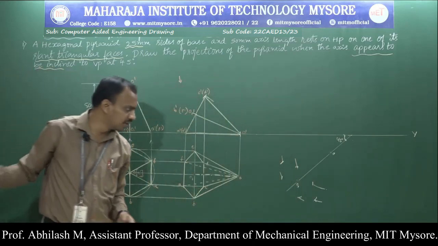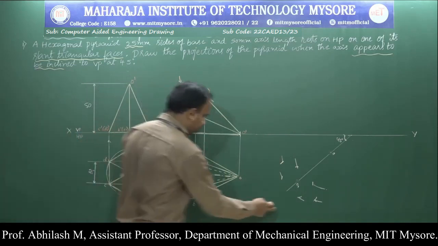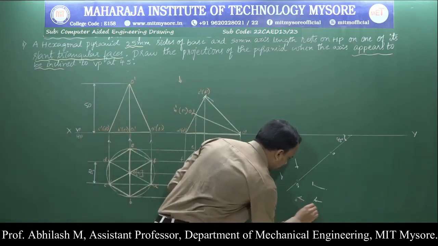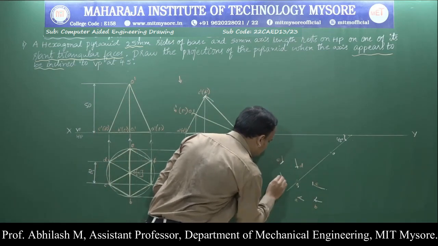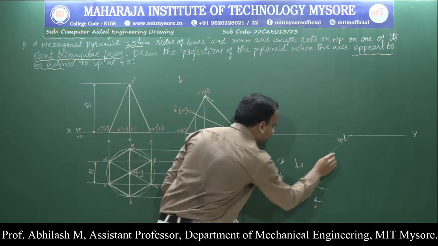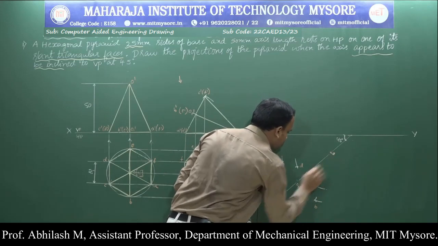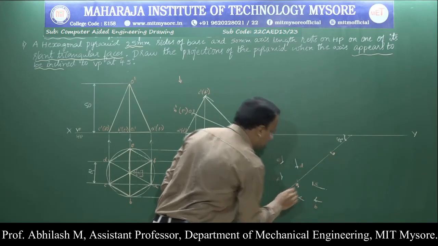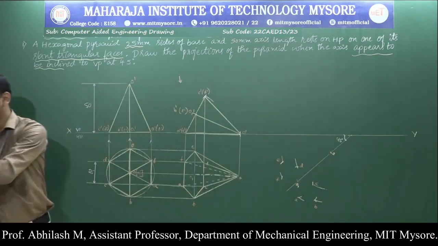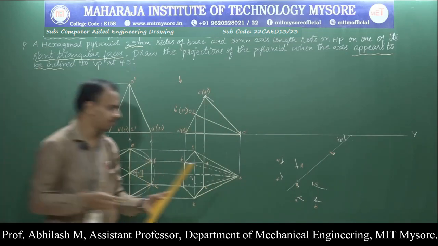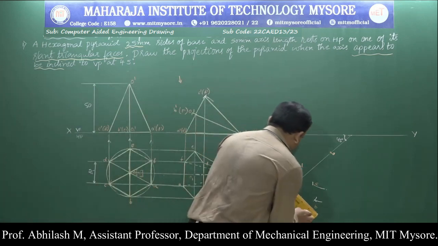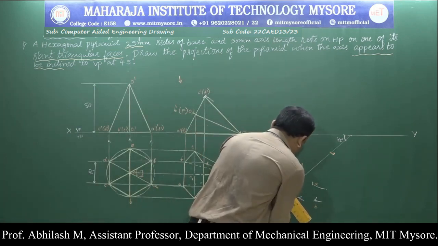Now we are supposed to name the points. We are transferring from here. So this is my A, B, C, D, E and F. This is my O point and this is my O1 point. We'll complete it since we have transferred all the points. Complete the particular position. So A to F is completely visible.